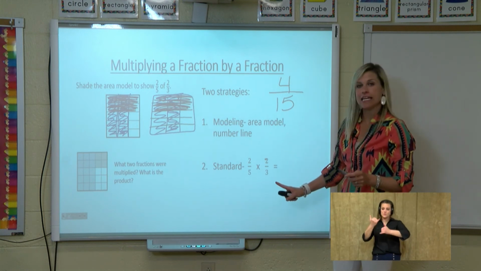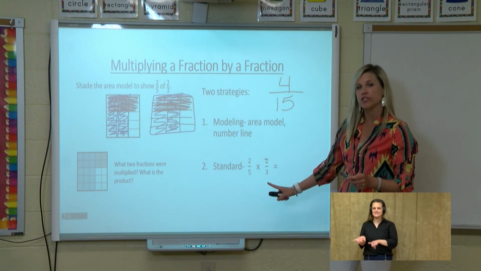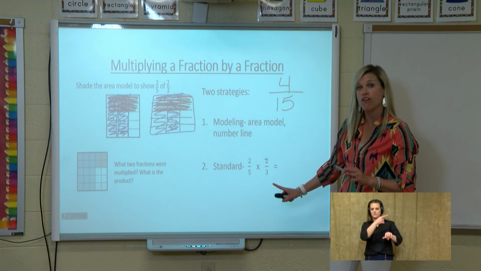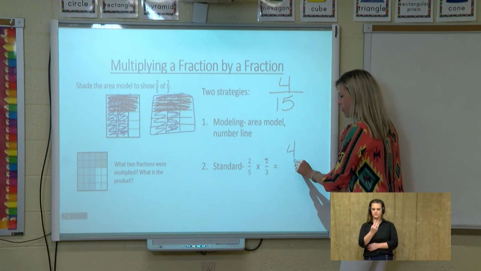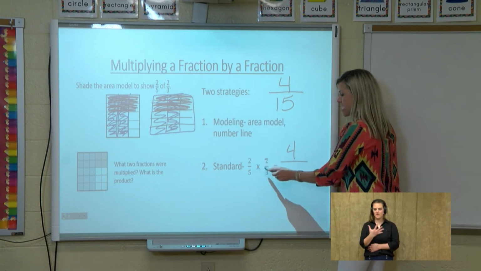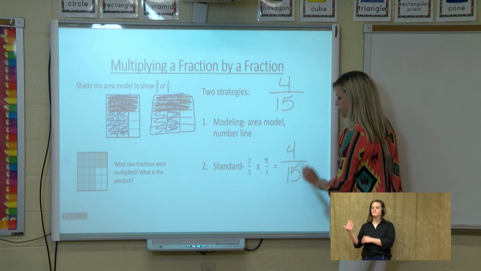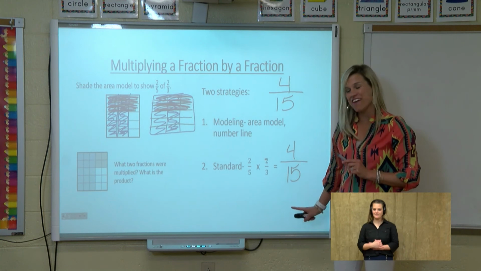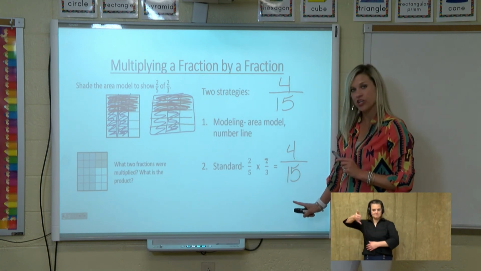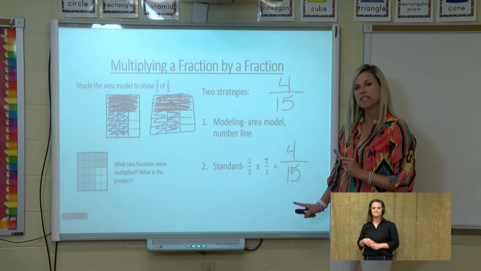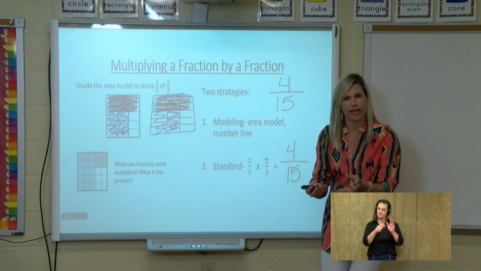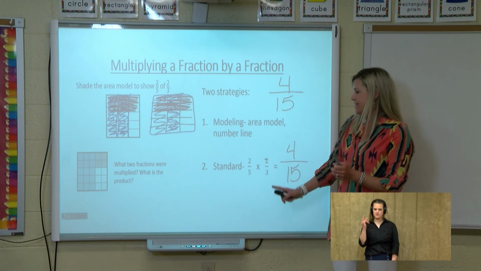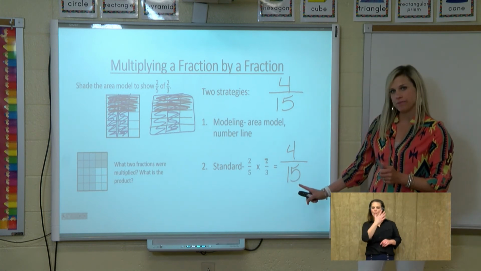Now, let's see if we get the same answer using the standard way of multiplying fractions. 2 times 2 is 4, and 5 times 3 is 15. Do we have the same answer, the same product? Absolutely. So area model is really great to show you the why, what it looks like, and then this is the fast way to do it.